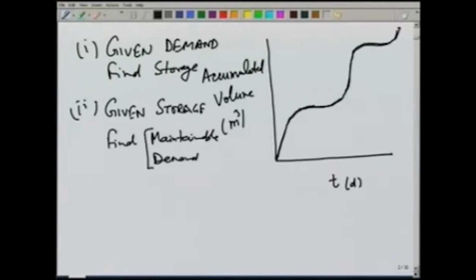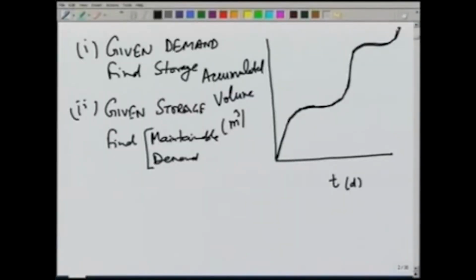So, if our storage capacity is limited or given to us fixed from some other considerations, what demand can we maintain at that point? Now, when we say demand, it also includes whatever water we have to release downstream of that point.